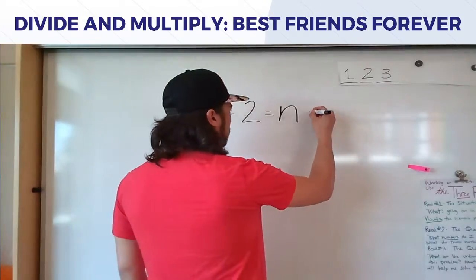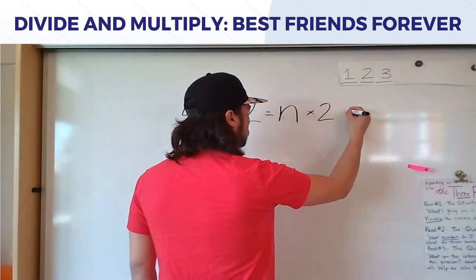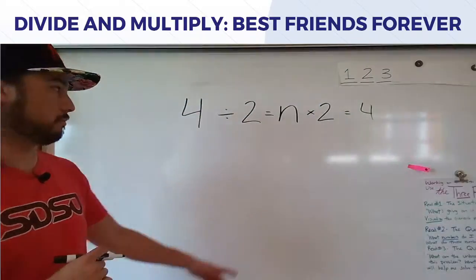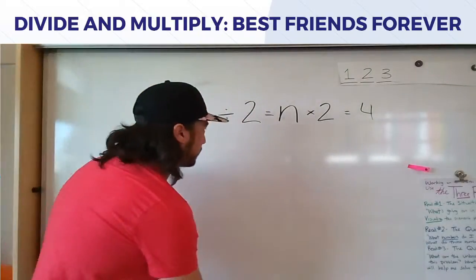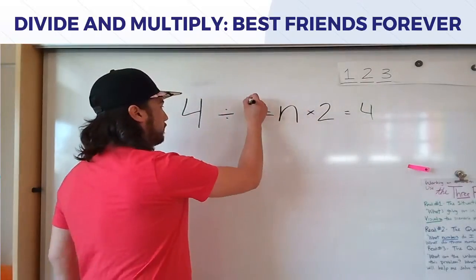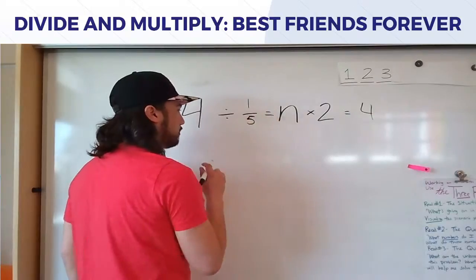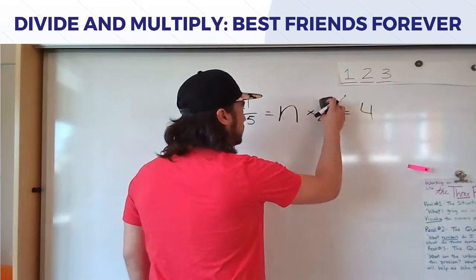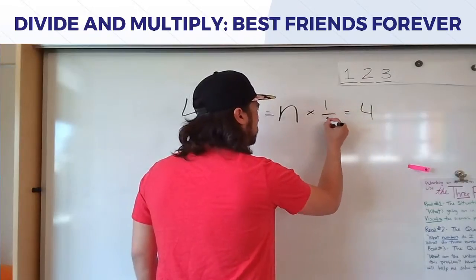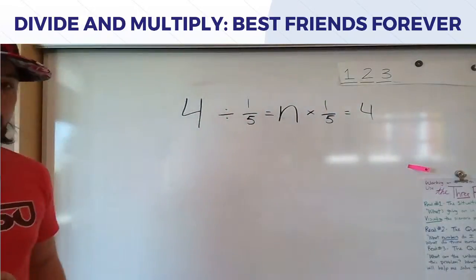So n times 2 equals 4, right? And we can fill in that n equals 2 here. But if it was 4 divided by 1/5, go back to our original thing, right? All we have to do is take that inverse operation, and n times 1/5 is going to equal 4.